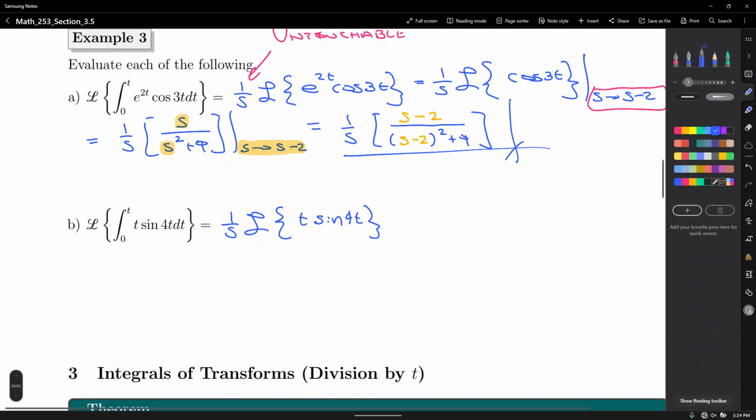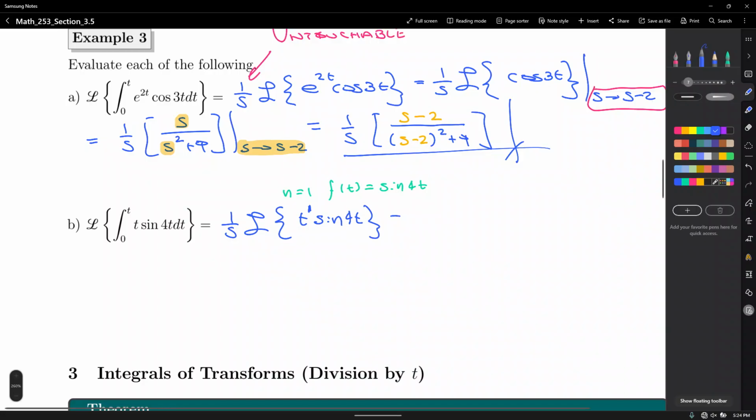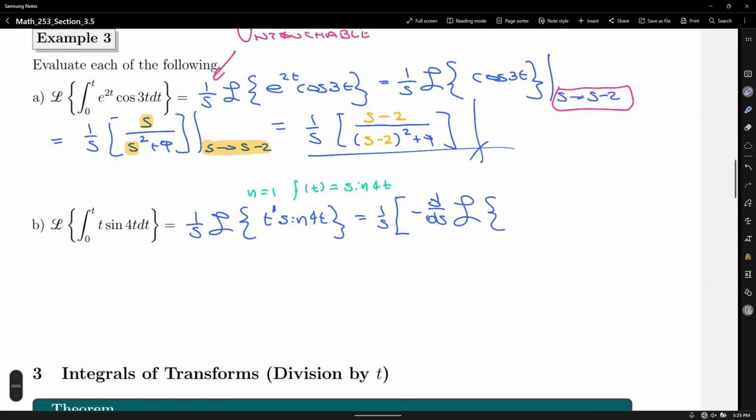Remember how we did this one? n equals 1, and f of t equals sine 4t. The power of the t right here. So this will be 1 over s times negative d/ds, the derivative with respect to s, of the transform of sine 4t.